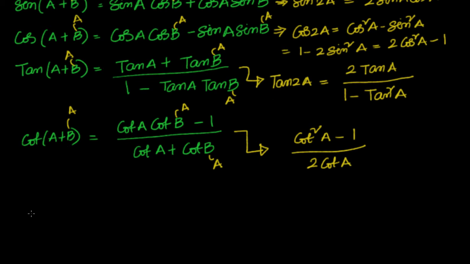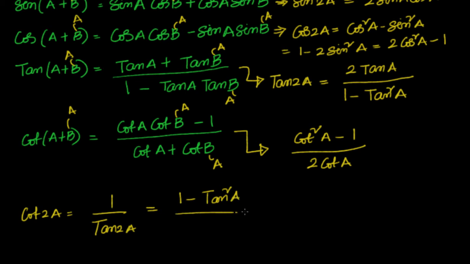What is the other way you can find it out? Cot 2A is nothing but equal to 1 by tan 2A. We know tan 2A equal to 2 tan A by 1 minus tan square A. So this becomes 1 minus tan square A by 2 tan A. But we want the answer in cots.